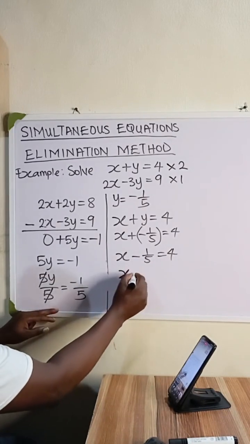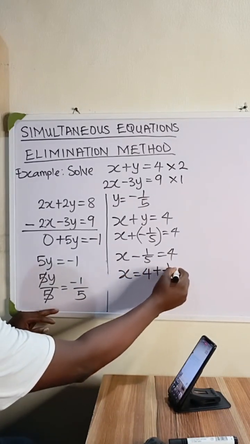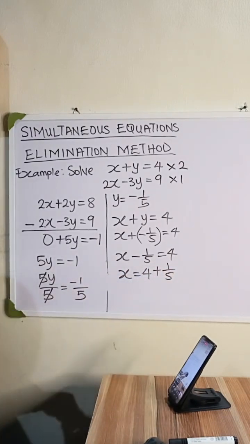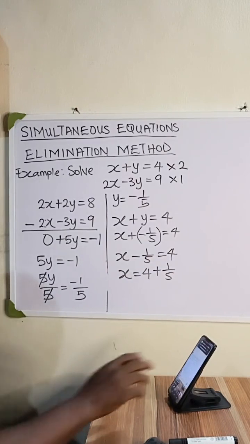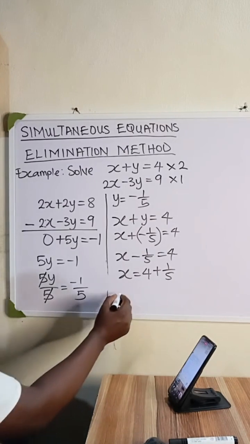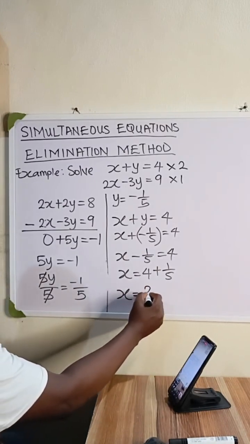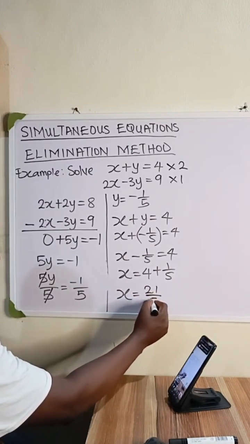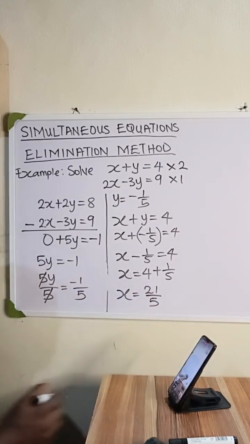So we have x is equal to 4 plus 1 over 5. 4 plus 1 over 5 is going to give us 4 whole number 1 over 5, or 21 over 5. So x is equal to 21 over 5.